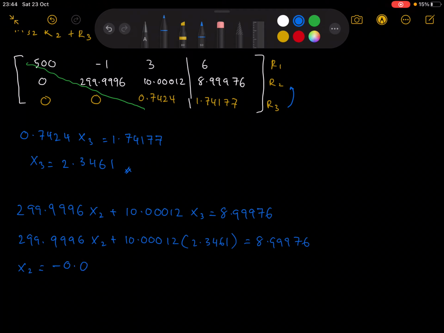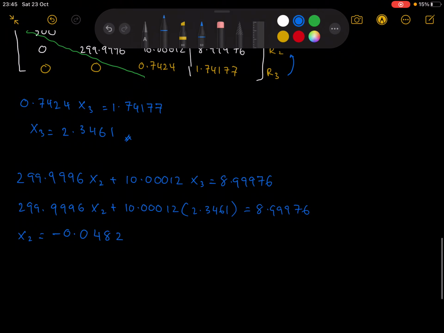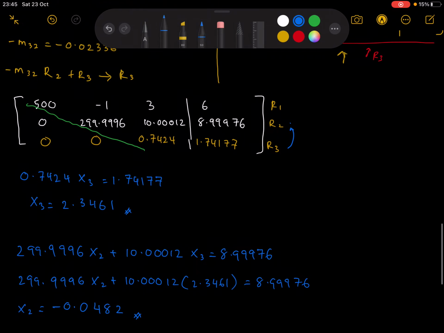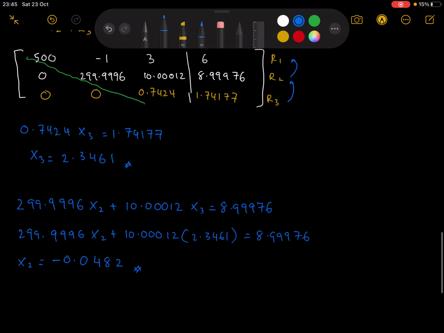X2 is negative 0.0482. Okay, so now from row 2 we move to row number 1. We do backward substitution. So from the equation, 500 x1 minus x2 plus 3x3 is equal to 6.